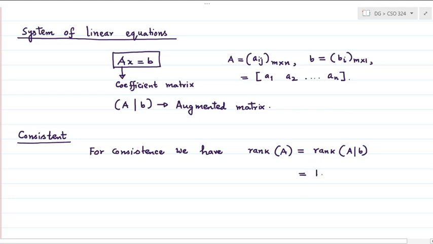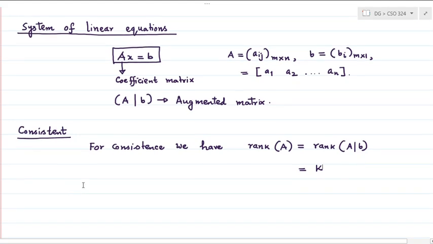Let's suppose this is equal to k. Let us analyze the values of k, m, and n and interrelate them. Once the system is consistent, whether the system will have a unique solution or infinitely many solutions. For that we all know the result. Let me just mention the result.